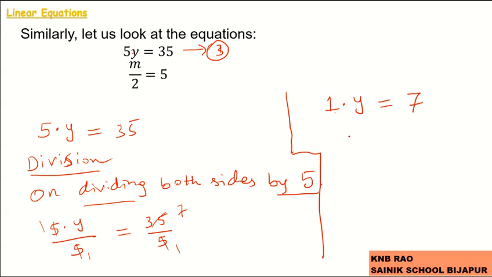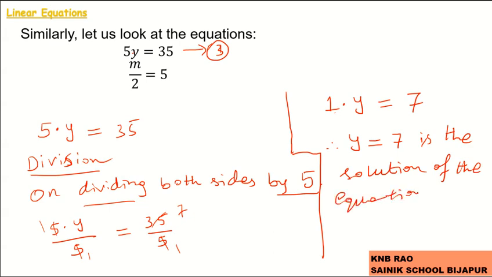Therefore 1 into y is y only, y equals 7 becomes the solution of the equation 5y equals 35. So that's how we solve this equation 3. Now we will go for solving equation number 4.